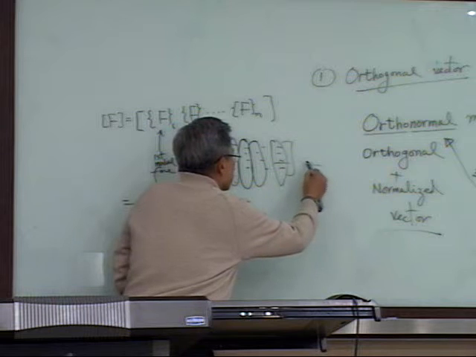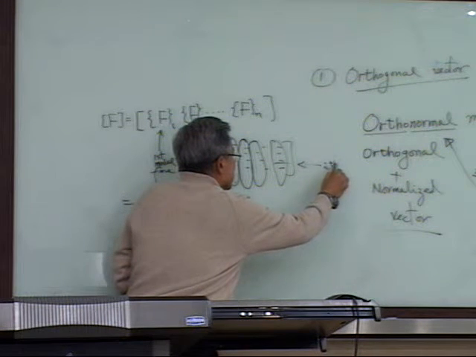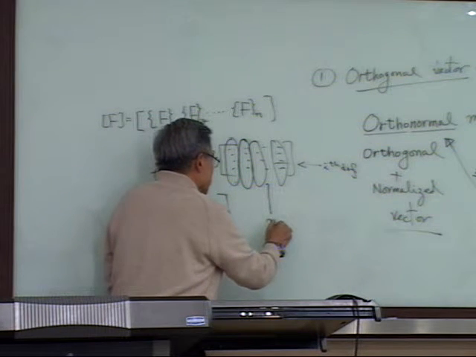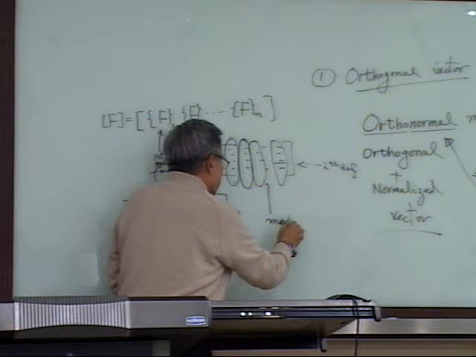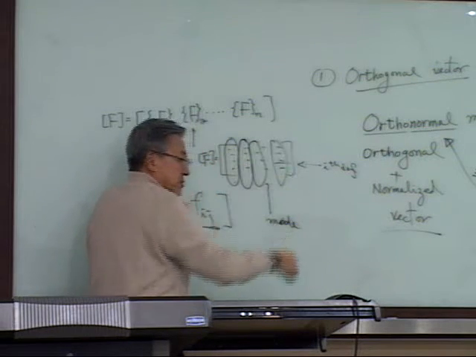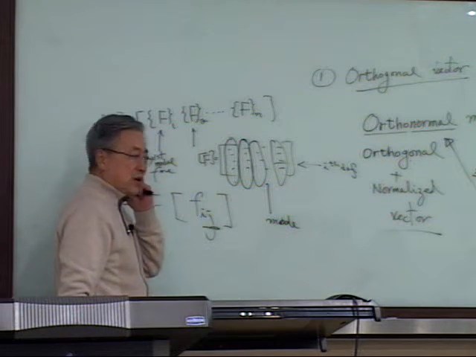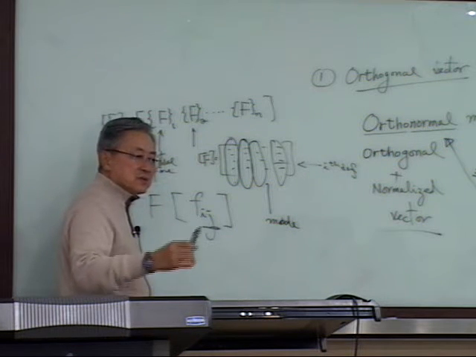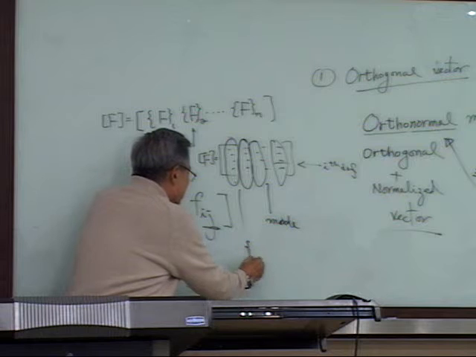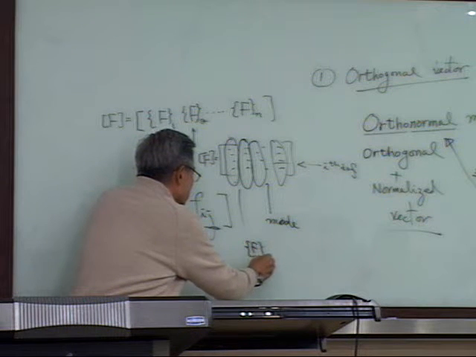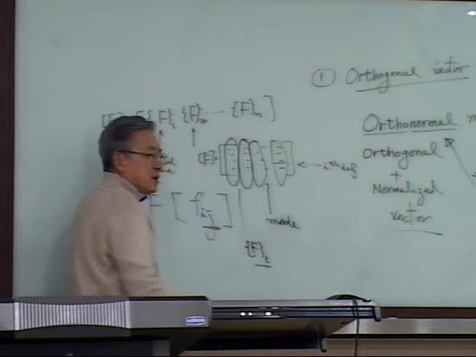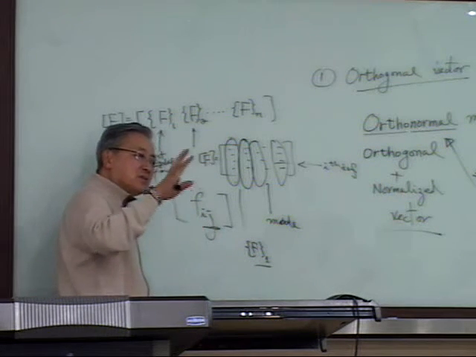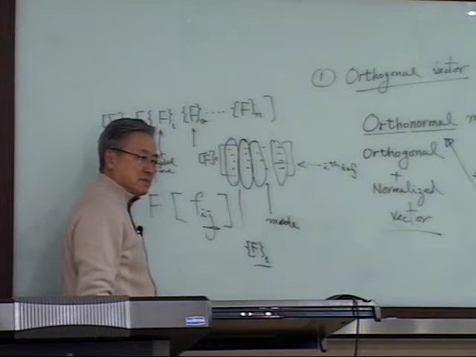Here, i means the ith degree of freedom, and here is the mode. All this is the mode. Then you pick out the first column, meaning the first modal force, a static force, and apply that to the system.